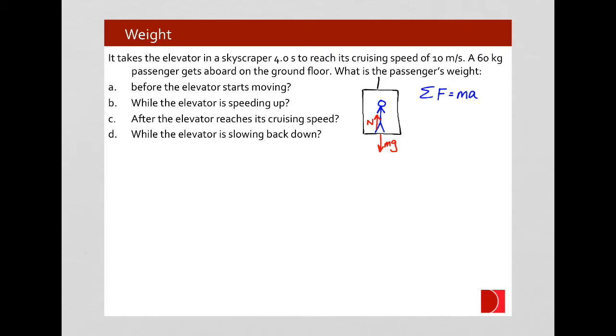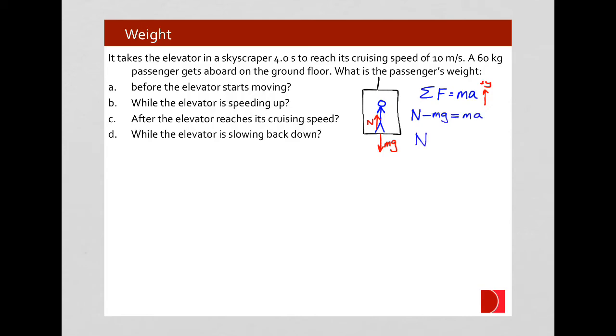If we assume upward as the positive direction, which is typical, then we say that the normal force of the elevator on the person minus gravity, because gravity is downwards, against the direction of motion, would have to be mass times acceleration.